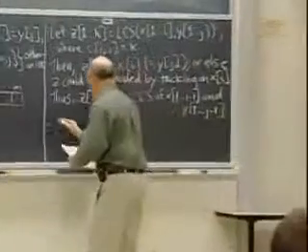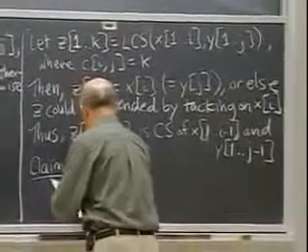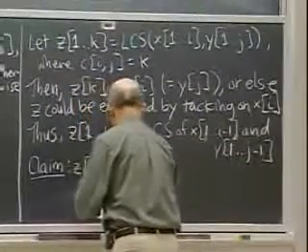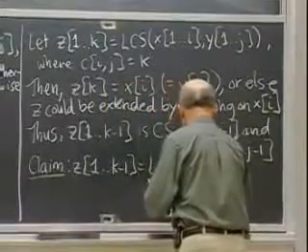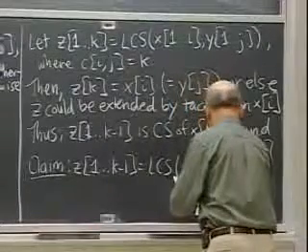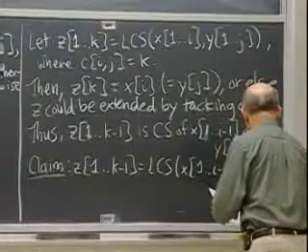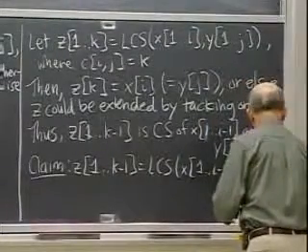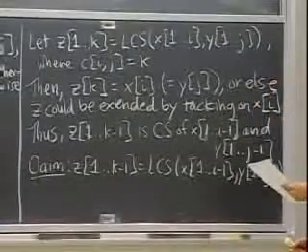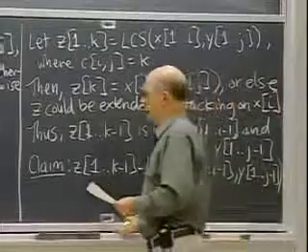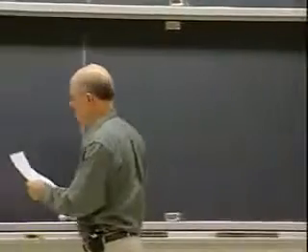Okay, so that's what we claim. z of 1 up to k minus 1 is in fact a longest common subsequence of x of 1 to i minus 1 and y of 1 to j minus 1. So let's prove that claim. We'll just have a little diversion to prove the claim.